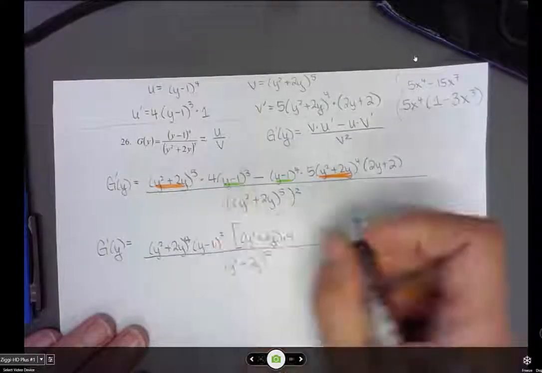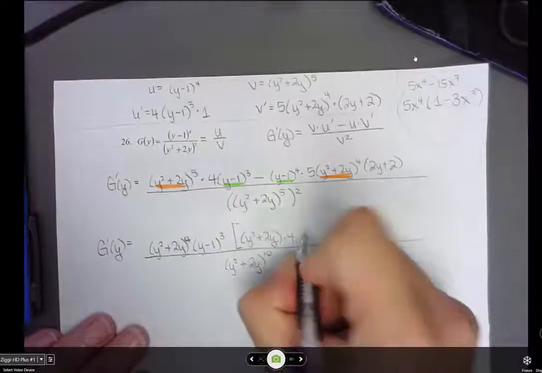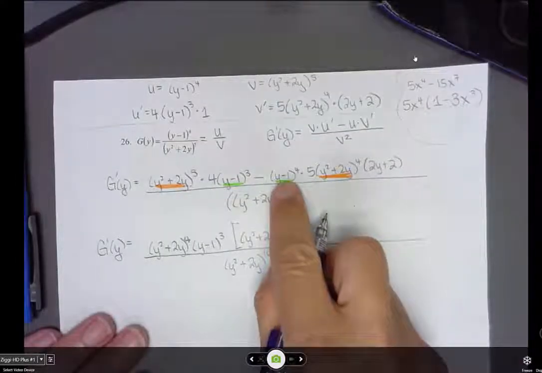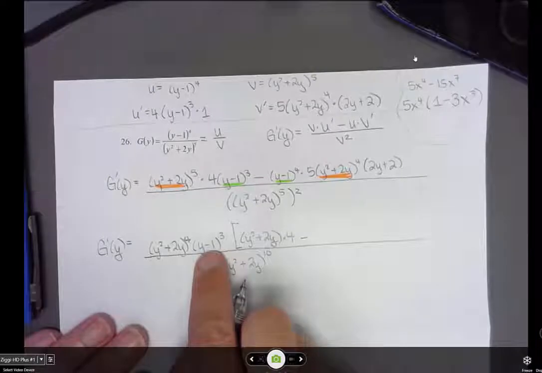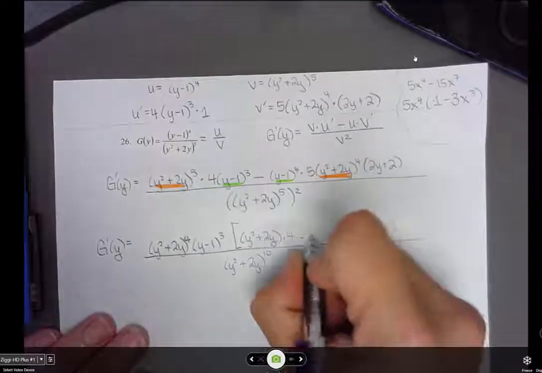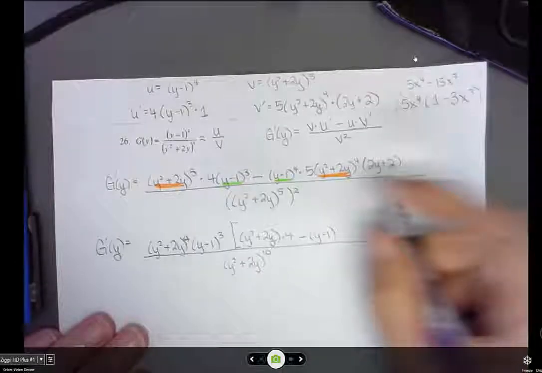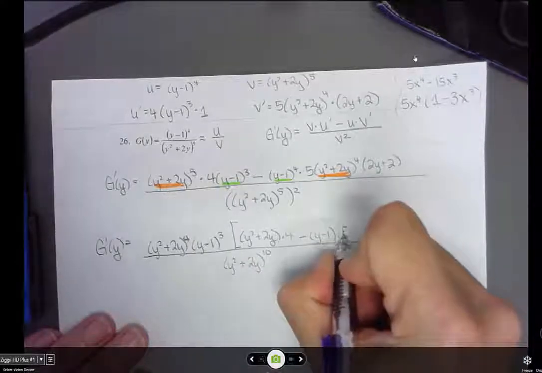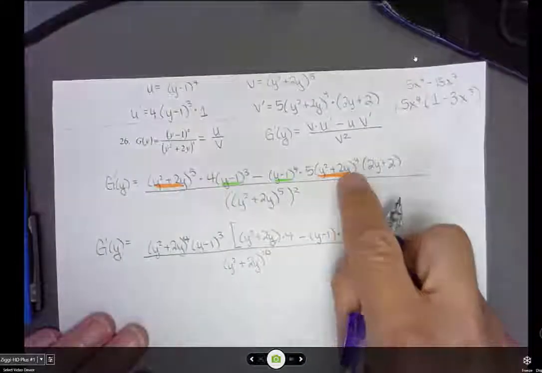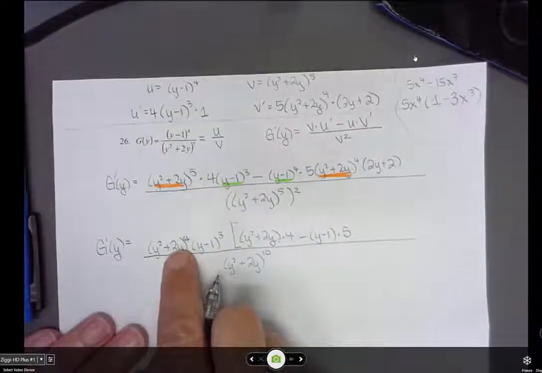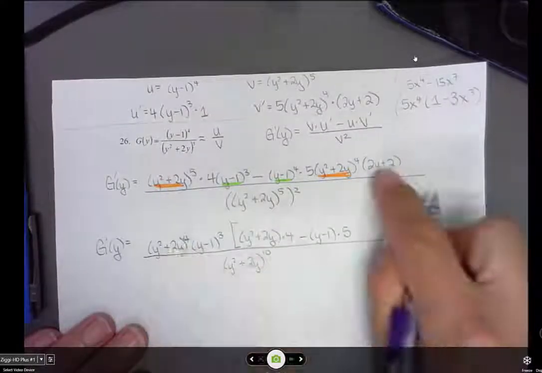Minus, okay, there's y minus 1 to the 4th, but I brought 3 of them out in front, so there's still 1 left. There's a 5 left. Y squared plus 2y, I factored out all 4 of them, so those are completely gone. There's also this 2y plus 2 left.